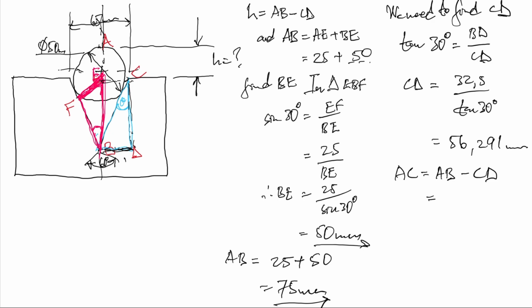What is our AB? Our AB is the total length from top to bottom, which we managed to get as 75, minus CD, which is 56.291. Then you go 75 minus 56.291, and that should give you 18.709 millimeters. And that's it. That's your AC, which is your H.